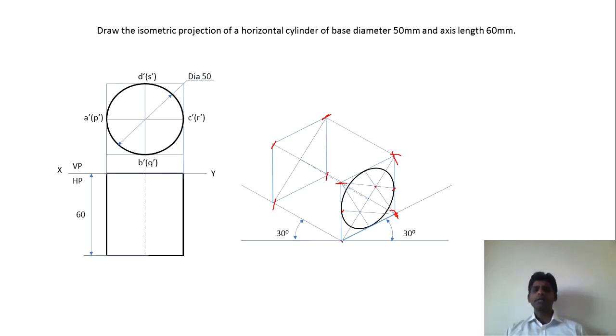And the length of each of these lines will be 60 multiplied by 0.81649. And all of these lines, they will be parallel to this line here, which we have initially drawn. That is, all of these lines are at 30 degrees with respect to the horizontal.